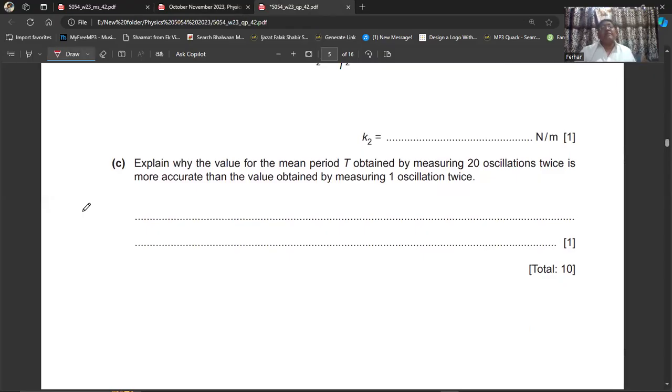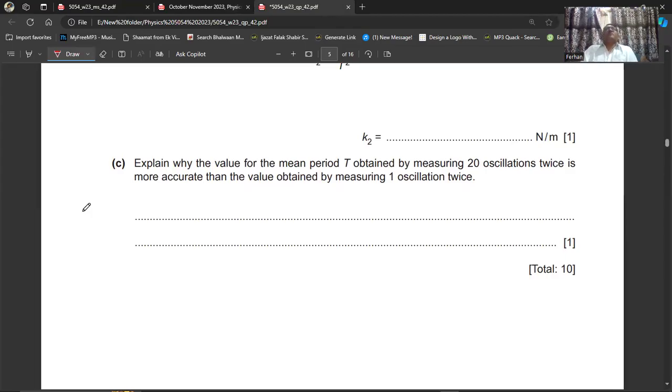Okay, in part C, he says explain why the value for the mean period T obtained by measuring 20 oscillations twice is more accurate than the value obtained by measuring one oscillation twice. You see, the time period for one oscillation is a very short time.